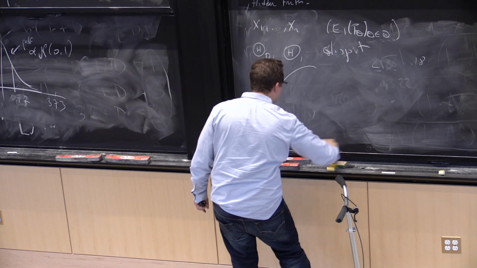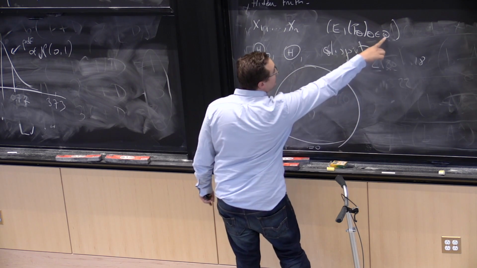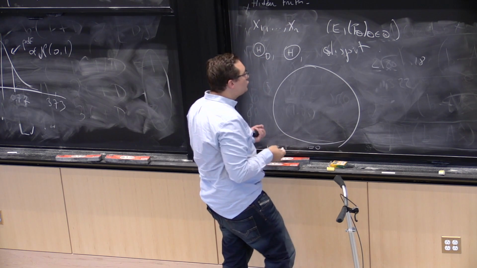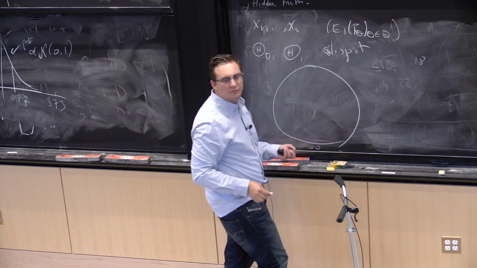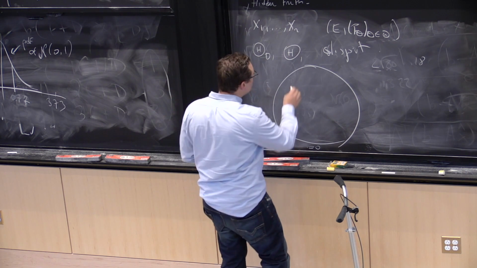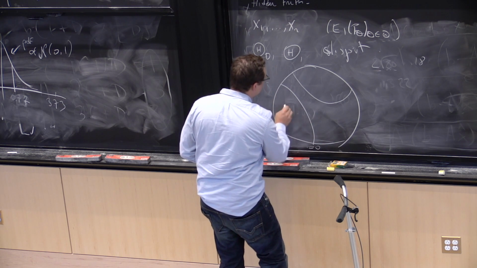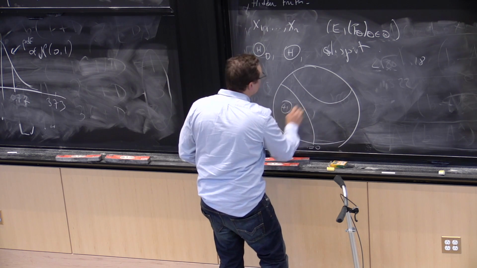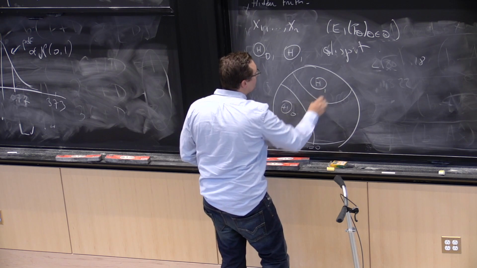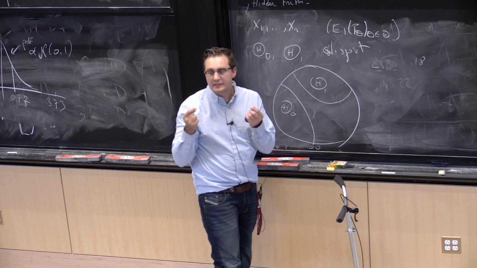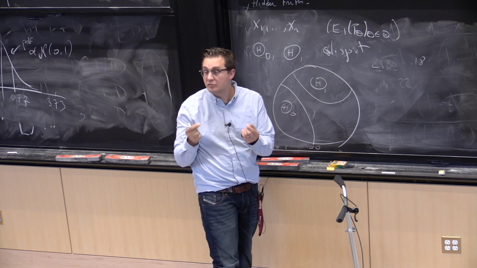Capital theta here is the space in which my parameter can live. To make two disjoint subsets, I could just split this in half, but I'm actually going to say, well, maybe it's this part and this part. So this is theta 0, and this is theta 1. When I split those two, in a test I'm going to focus only on theta 0 or theta 1.